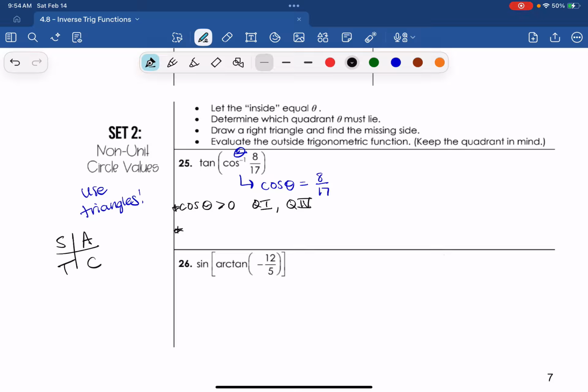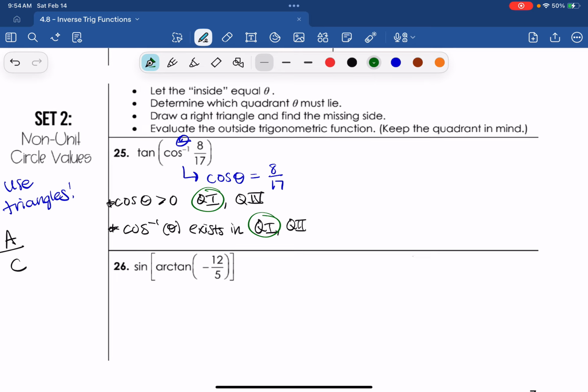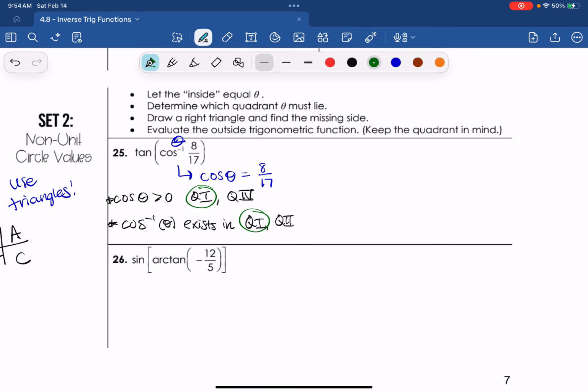We have the cosine inverse, and cosine inverse exists only in quadrants 1 and 2. So we need to figure out where they overlap. They overlap in quadrant 1, so that's where our angle is going to be. This tells us that theta is in Q1.